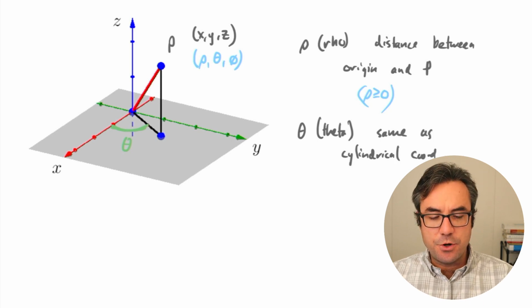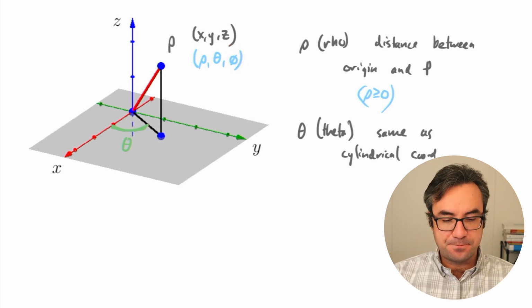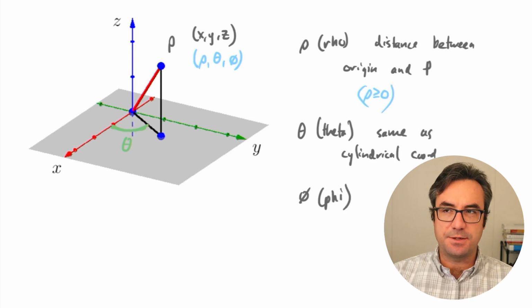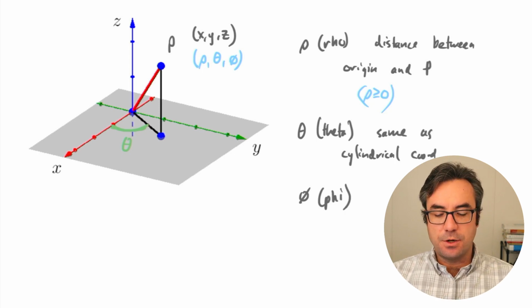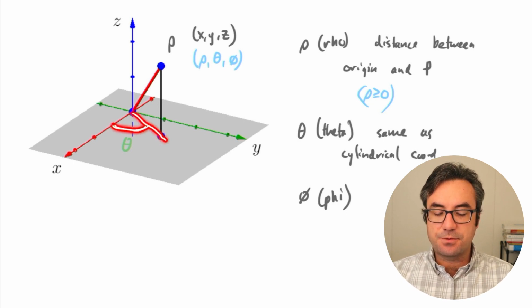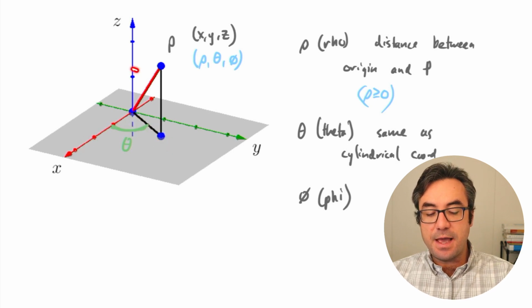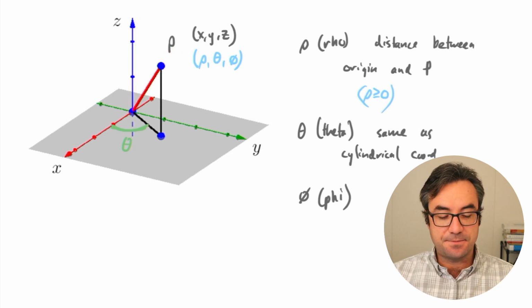All right, so what about the new one? Phi. What does this represent? Again, theta represents the angle between this ray and the positive x-axis.